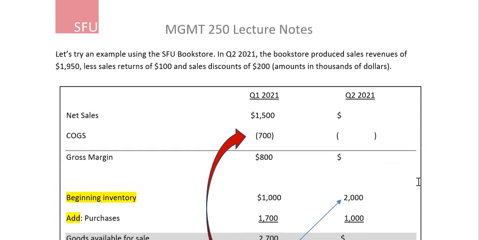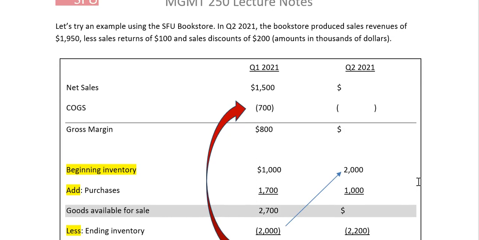This next exercise here is going to bring that formula we just saw to life. So here we go. Let's try an example using the SFU bookstore. In quarter 2, 2021, the bookstore produced sales revenue of $1,950, less sales returns of 100, and sales discounts of 200.